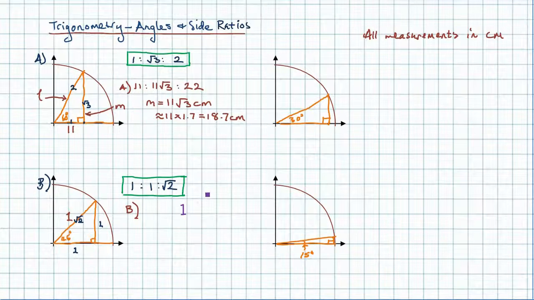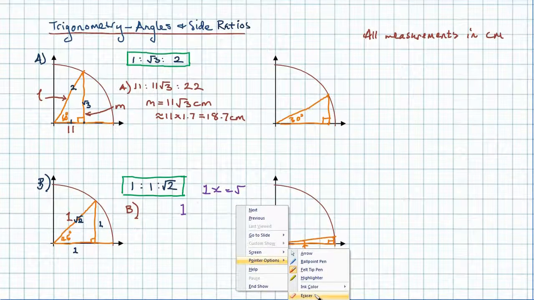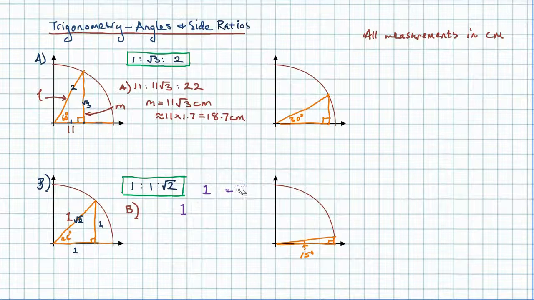Well, we can say that something times 1, okay, 1x, gives us root 2. Sorry, wrong way around, isn't it? I keep making mistakes today, never mind. So it is easy to get confused here, actually, so it's good to keep these sort of mistakes in the video, because mistakes are how we learn.